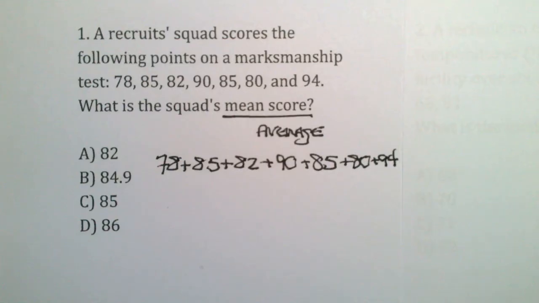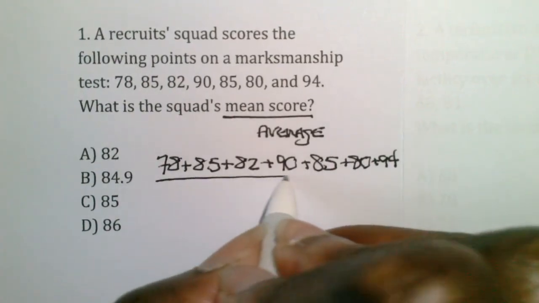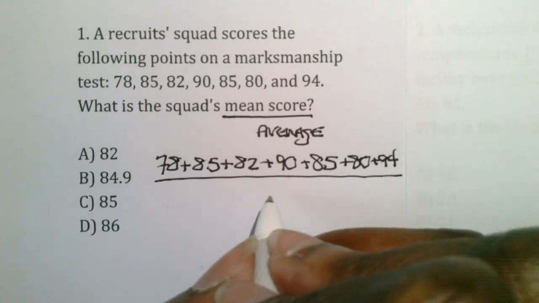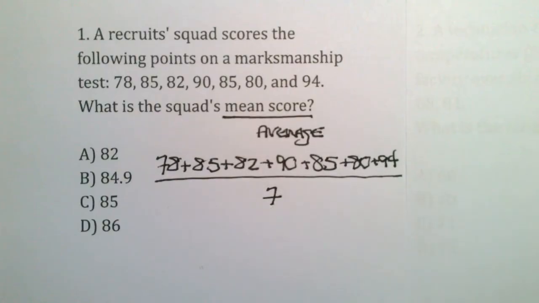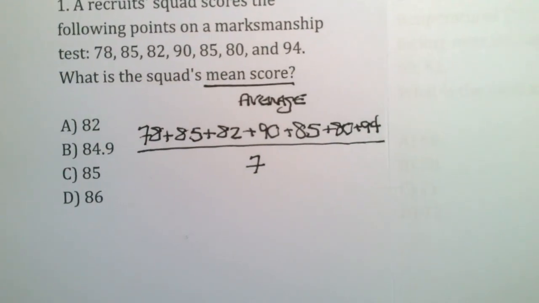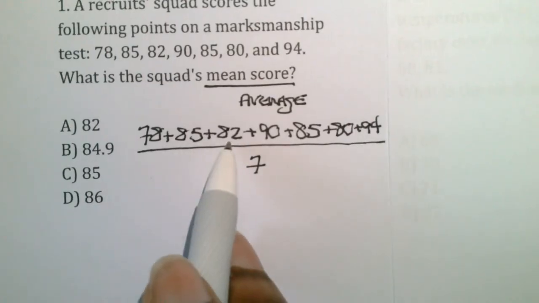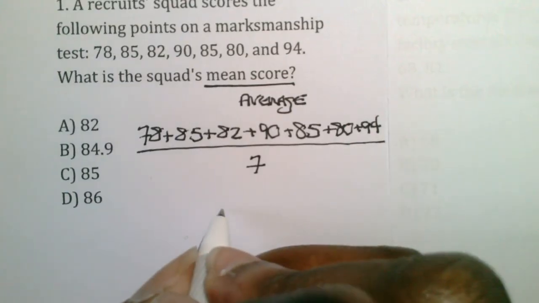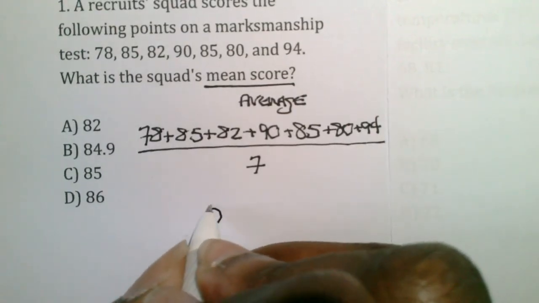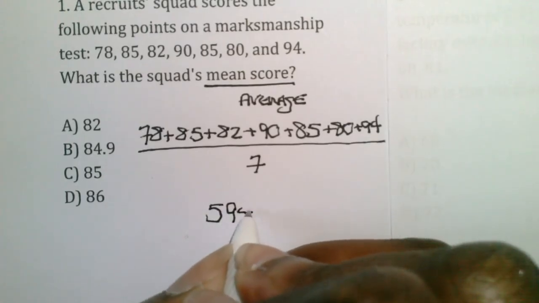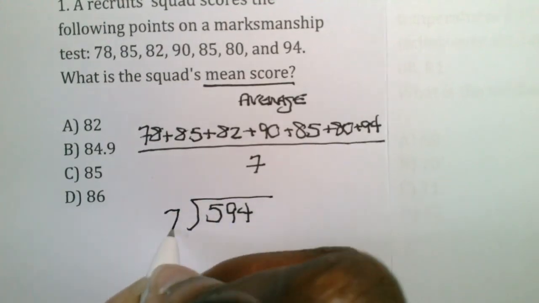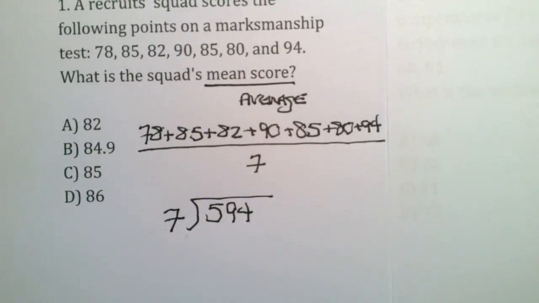And we're dividing by how many numbers we have in that data set, which is 7. So when we add the 78, the 85, the 82, the 90, the 85, 80, and the 94, we do get our 594. So now we need to divide that by 7.